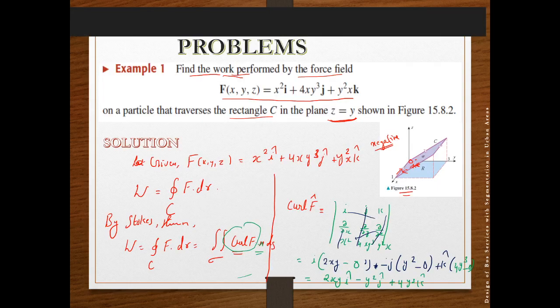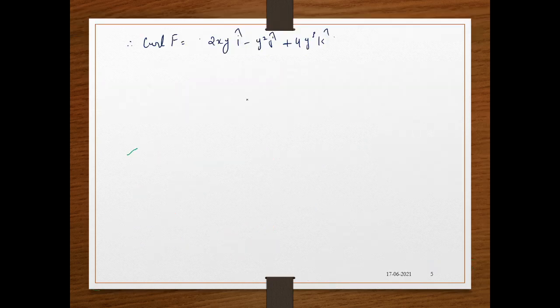Now tell me what the normal is here. Here we are given z equal to g of x, y equal to y, and the orientation is negative, that is oriented downward.